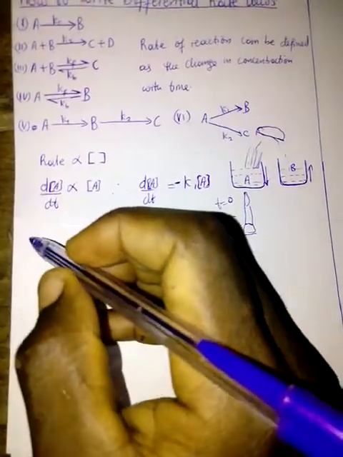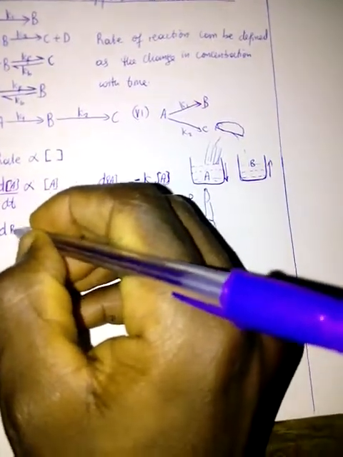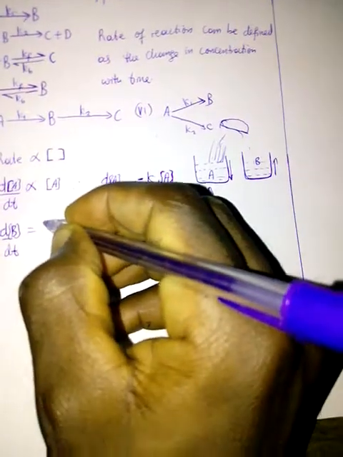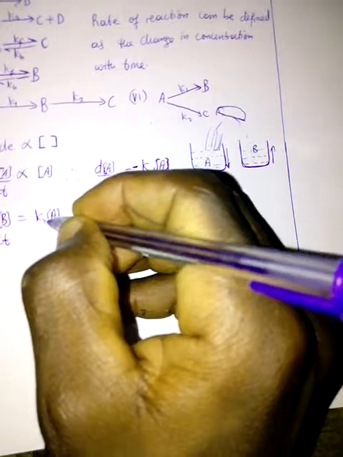So for the second one, we follow the same steps. Before that, if we want to write the rate of reaction in terms of B, it will now be d[B]/dt equals k1[A].